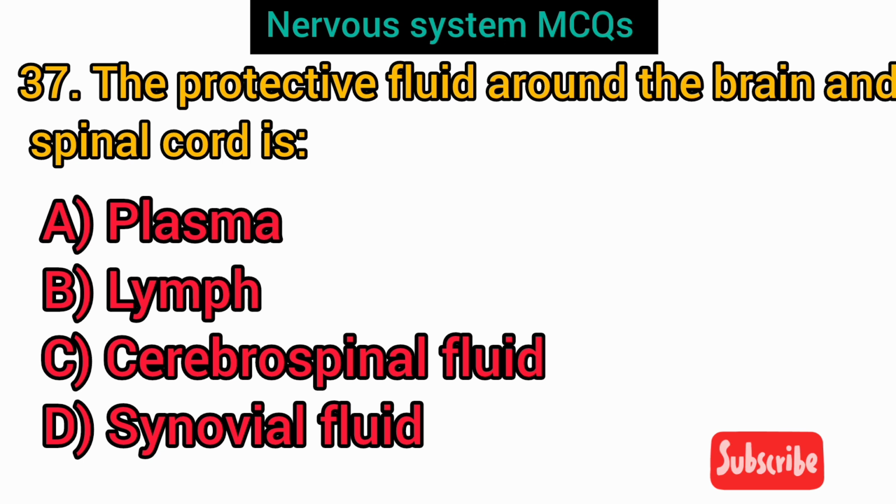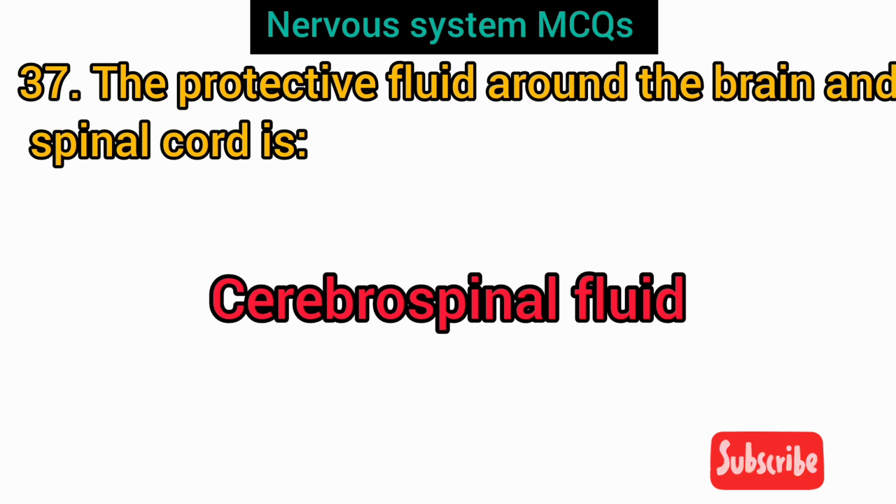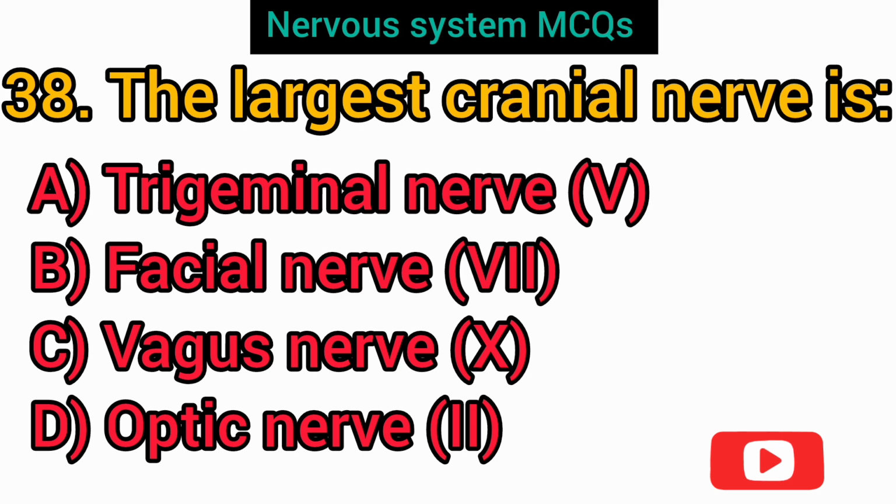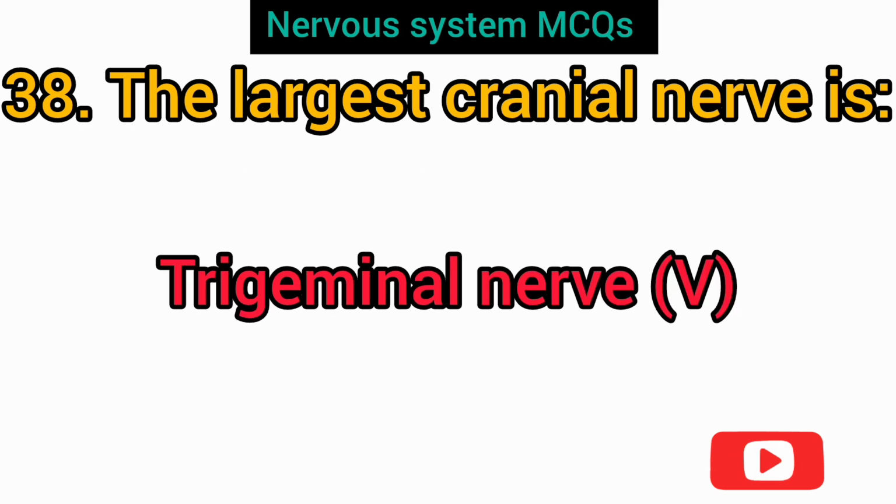The protective fluid around the brain and spinal cord is cerebrospinal fluid. The largest cranial nerve is trigeminal nerve 5.